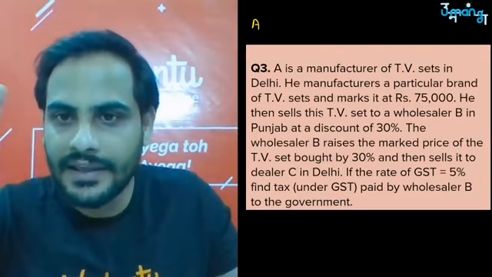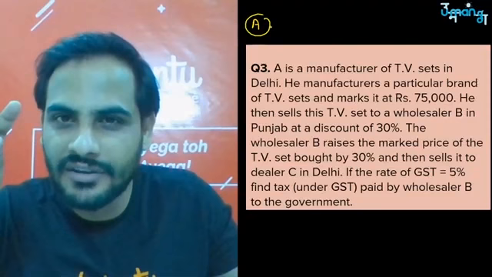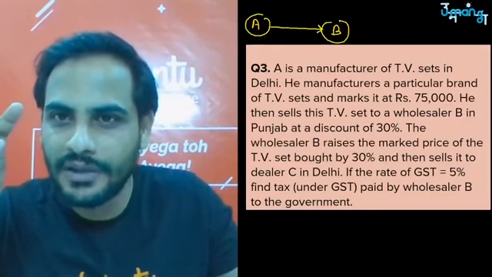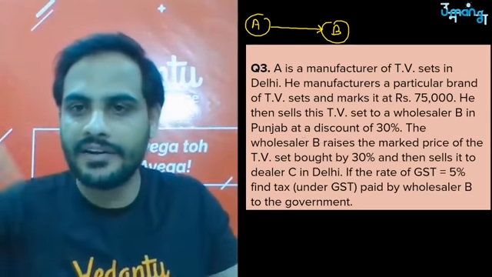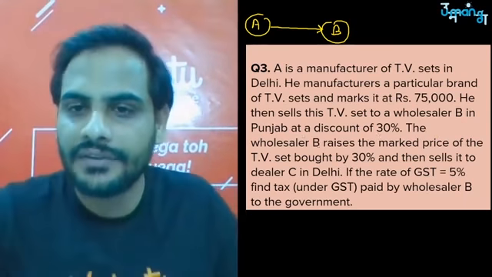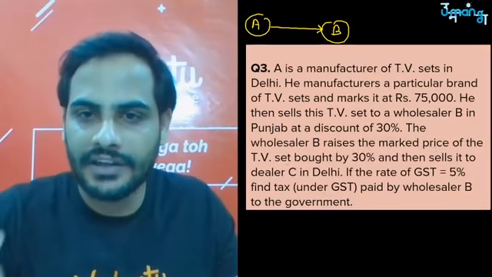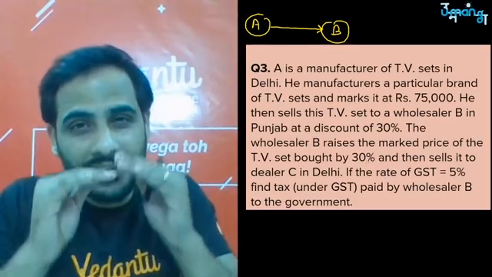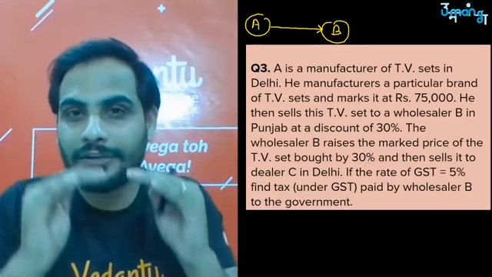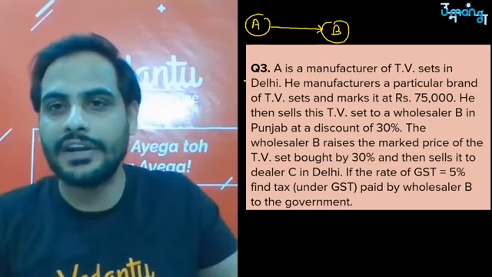He then sells this TV set to a wholesaler B, who is in Punjab, at a discount of 30%. The wholesaler B raises the marked price of the TV set bought by 30%, and then sells it to a dealer C in Delhi.